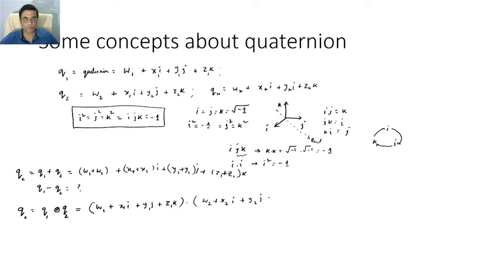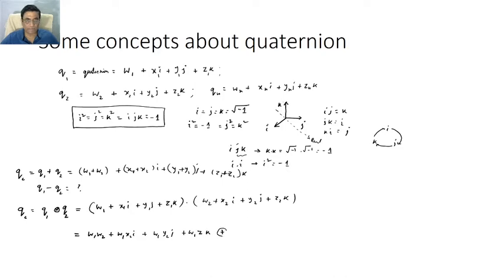Going to j plus z to k. Okay, and just algebra you can do. Okay, and that w1 w2 plus w1 x2 i plus w1 y2 j plus w1 z2 k plus.